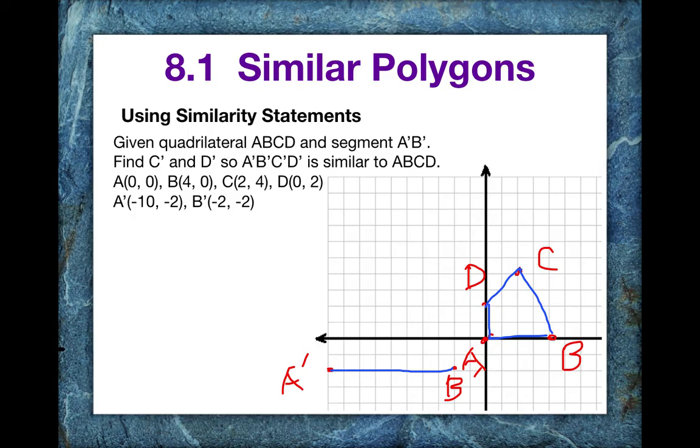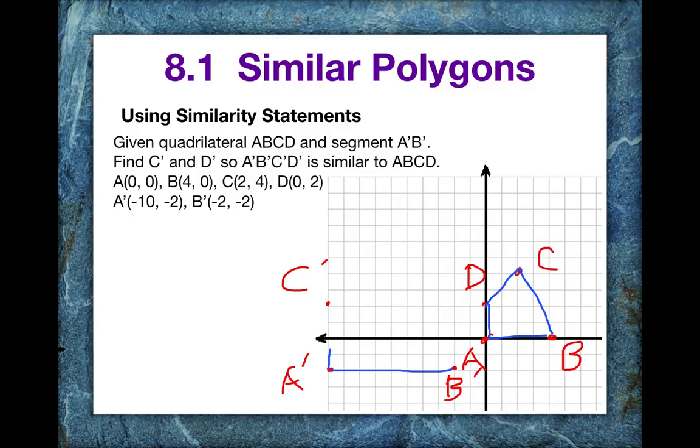And to find the C prime and the D prime, we're just going to take a look at where the old A is, and notice that we go up 2 to get to D. Well, if A to B is 4 here, and A to B is 8 here, then we have a factor of 2, multiple. So we're just going to go from here to here 2, so we're going to go 1, 2, 3, 4, and that's where we're going to put our new C prime.